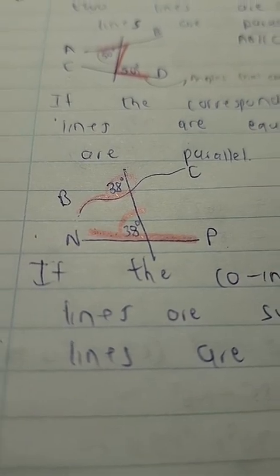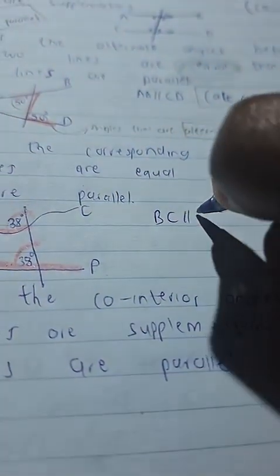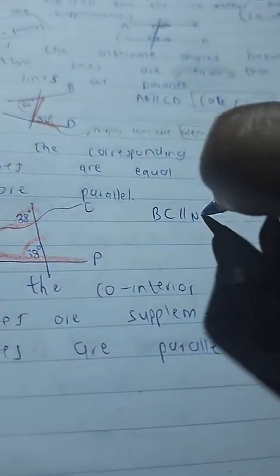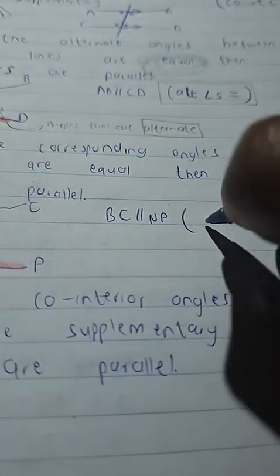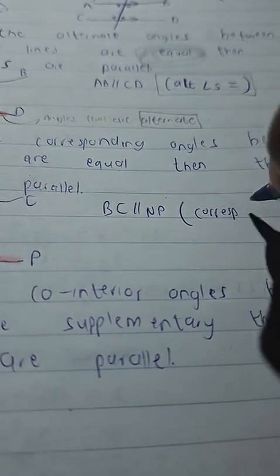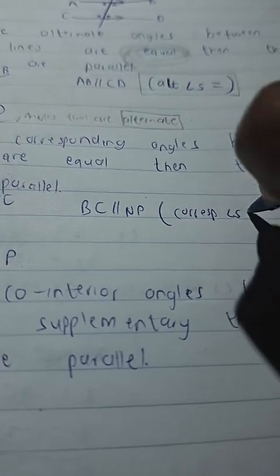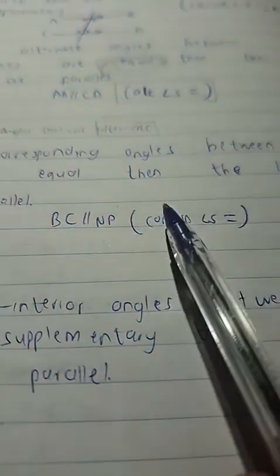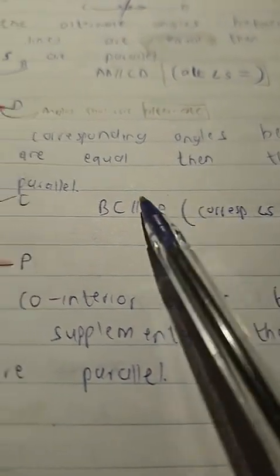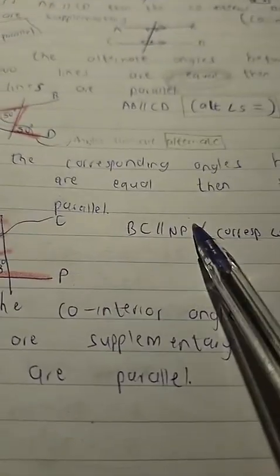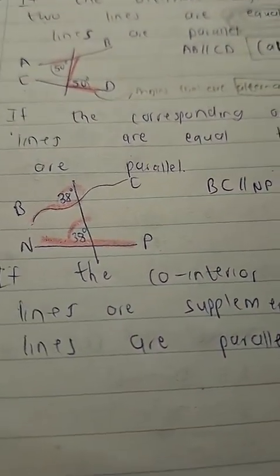So what can we say then? Simply put, we can say BC is parallel to what? To NP. Why? Corresponding angles equal. This is where we use this reason. We use it whenever we want to prove that two lines are parallel.